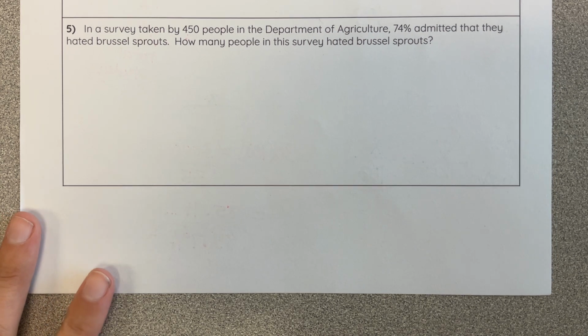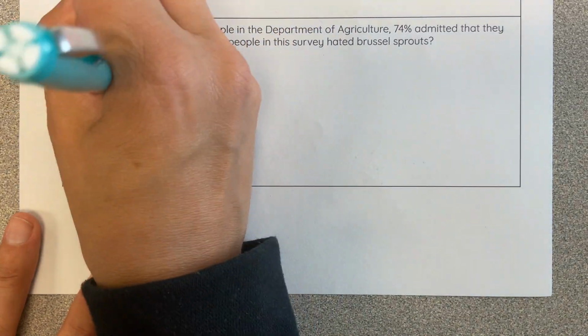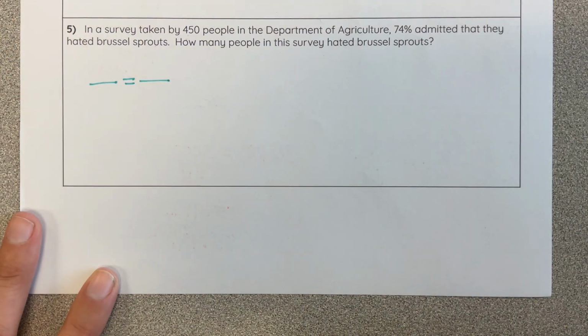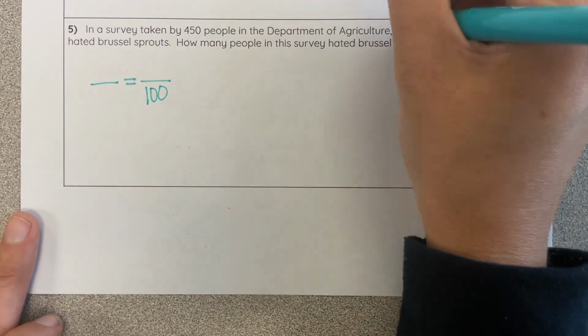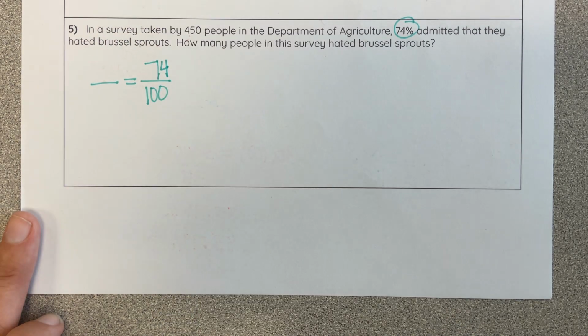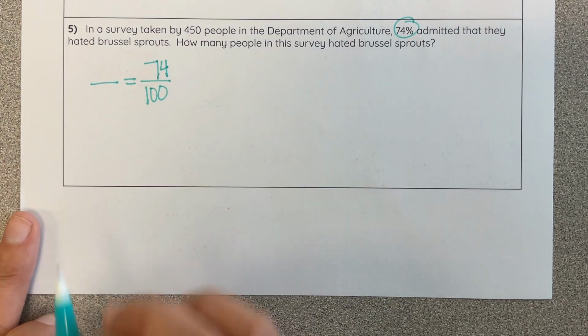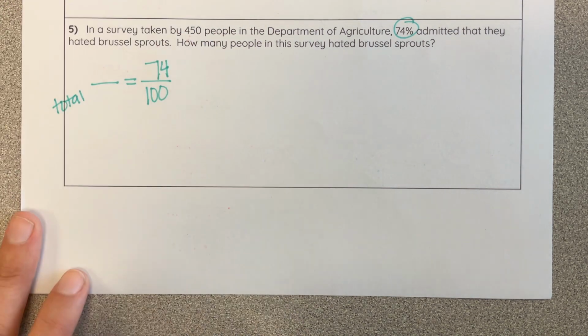All right, last one. In a survey taken by 450 people in the Department of Agriculture, 74% admitted they hated Brussels sprouts. How many people in the survey hated Brussels sprouts? So setting up our blank proportion out of 100. Next step, look for that percent. I see it right here, 74%. And then we're looking at what we're comparing. So our total is talking about the whole department.